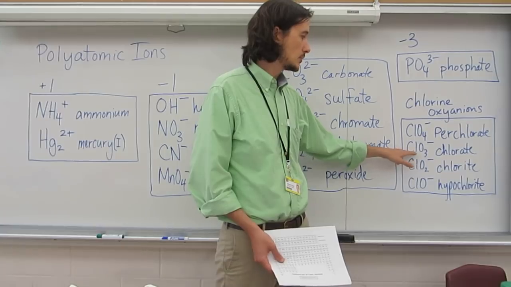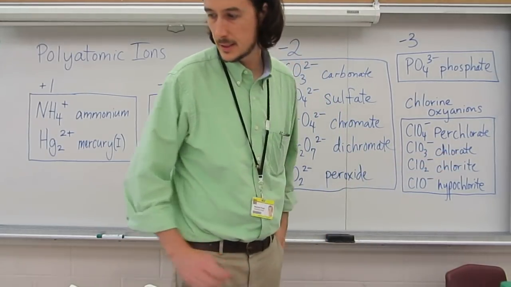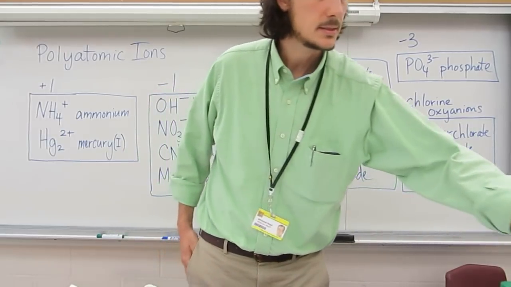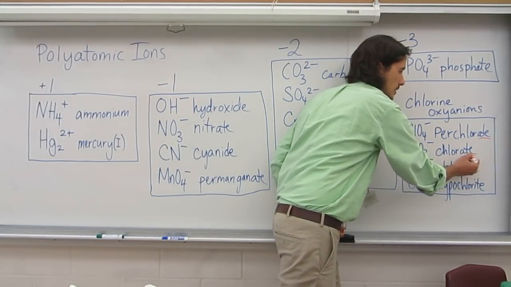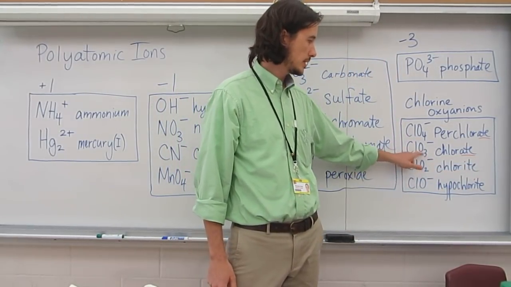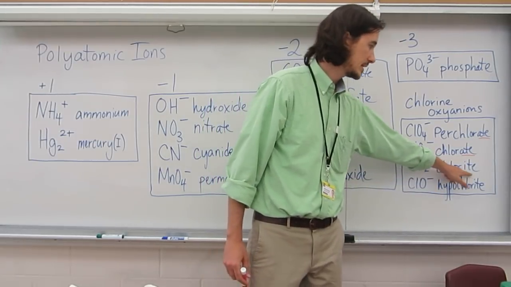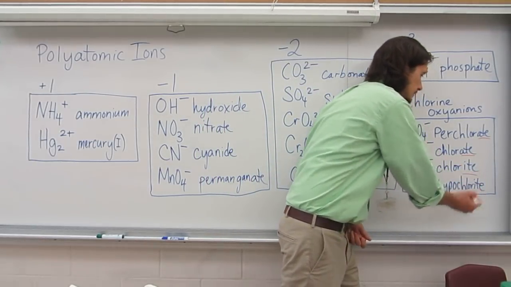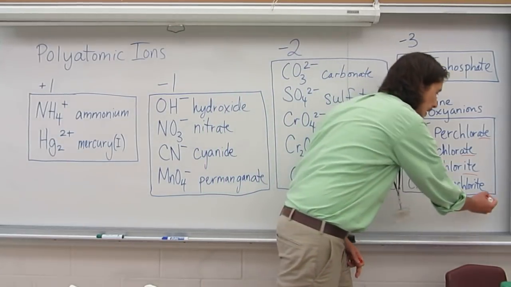ClO4-, ClO3, chlorate. If you notice, the ending is the same. Then ClO2, we have one fewer oxygen atom, and now it's chlorite. Now we've got the ite ending. Okay, and then one less is hypochlorite.